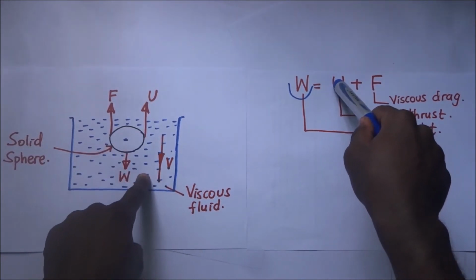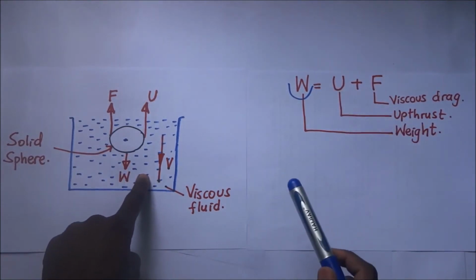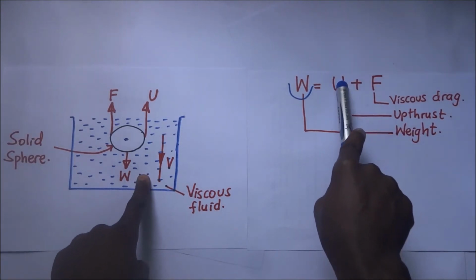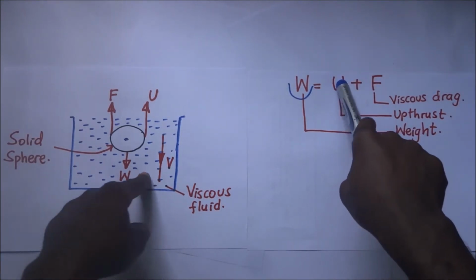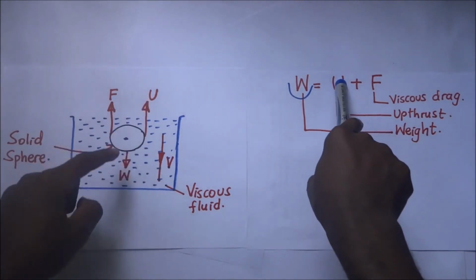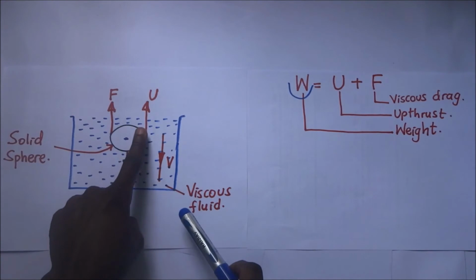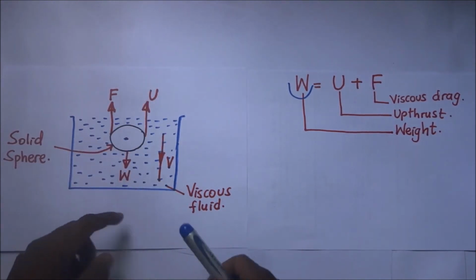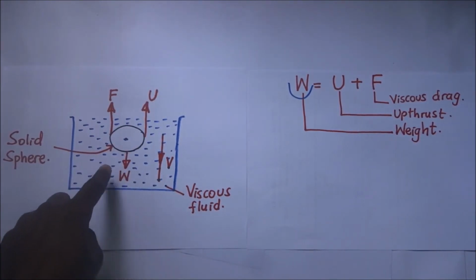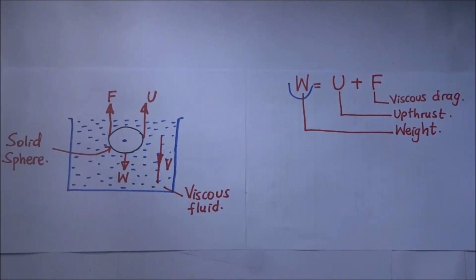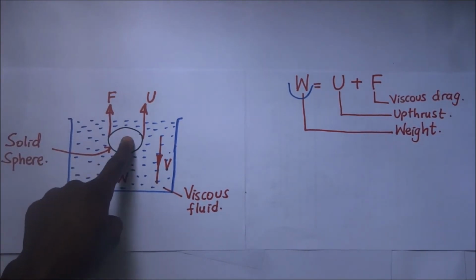The upthrust experienced by this ball, we get that from Archimedes' principle, which states that a body that is wholly or partially immersed in a fluid is going to experience an upthrust which is equivalent to the weight of the fluid that is displaced. So for us to get the upthrust here, we simply need to find the weight of the fluid that has been displaced. And of course, finding the weight of the fluid that has been displaced requires that we know the volume of this sphere and the density of this sphere.